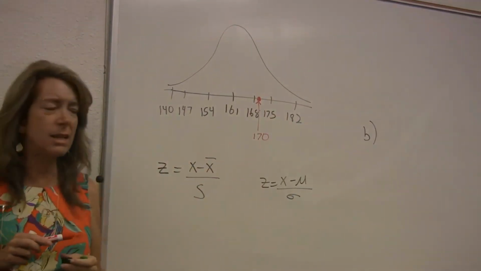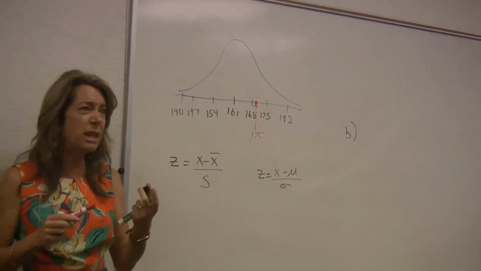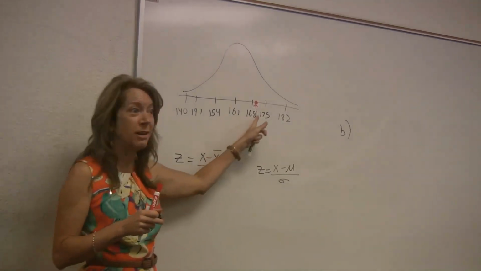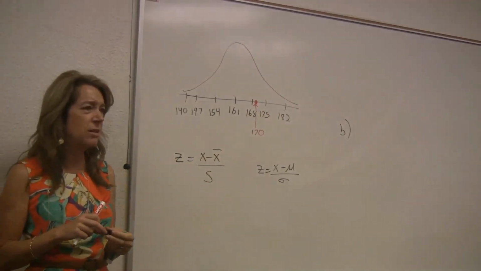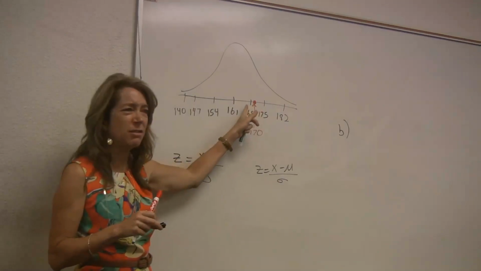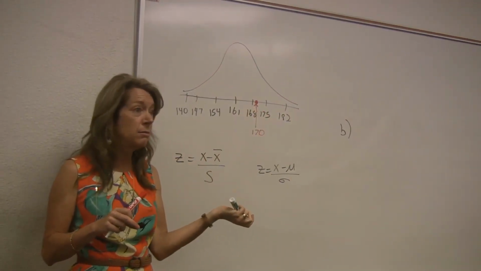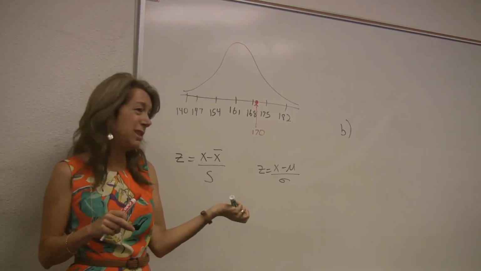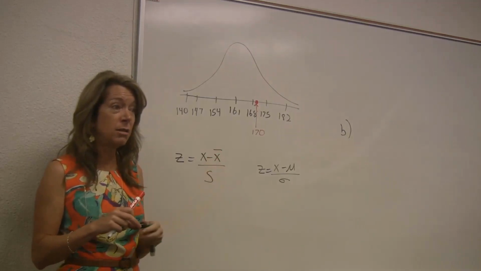So how many is it? 1 point something. We agree with that? Somewhere between 1 and 2 standard deviations away. Is it closer to 1 or closer to 2? Closer to 1, because 170 is closer to 168. Is it more or less than 1.5? Maybe less, like 1.2 or 1.3. I can't tell for sure by looking, especially if you draw like I do.